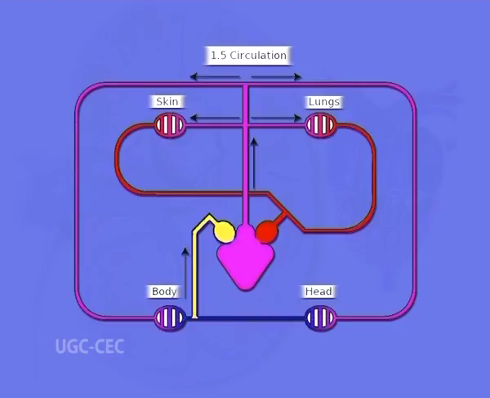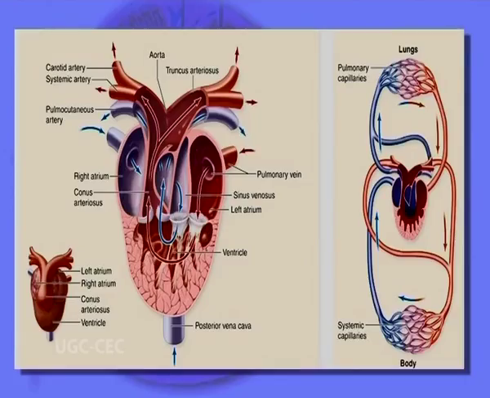It alternatively blocks and unblocks the entrances to the right and left pulmonary arteries. Due to this, it sends unoxygenated blood to the skin and lungs. In amphibians, there is mixed circulation where oxygenated and deoxygenated blood are mixed in the ventricle.